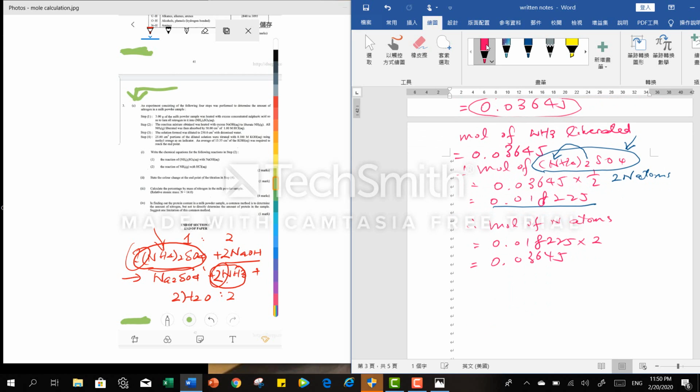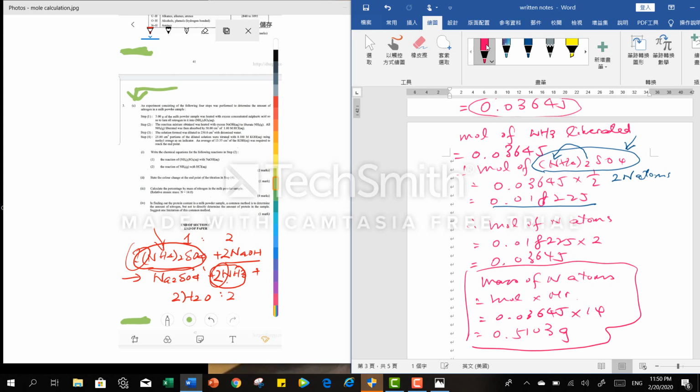Then what will be the mass of nitrogen in milk powder? Of course, you have the mole, and the mass is the mole times the molar mass of nitrogen, right? So 14 times that gives 0.5103. Now you have the mass of nitrogen. How can you find out the percentage of mass of nitrogen in the milk powder?